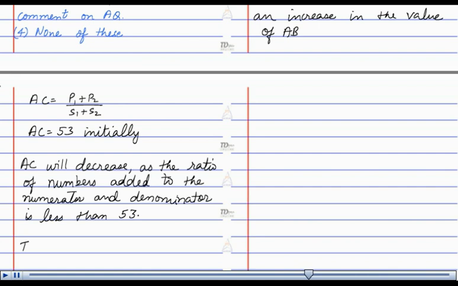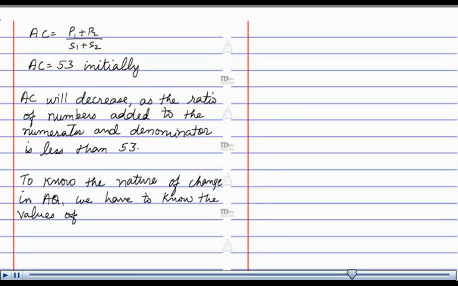Also, to know the nature of change in AQ, we have to know the values of P2 upon S2 and P1 upon S1, which are not given.